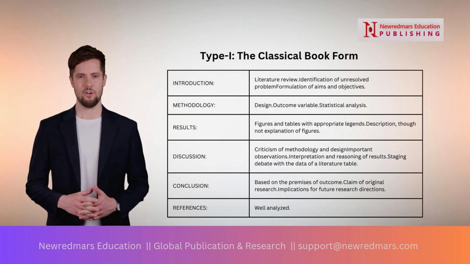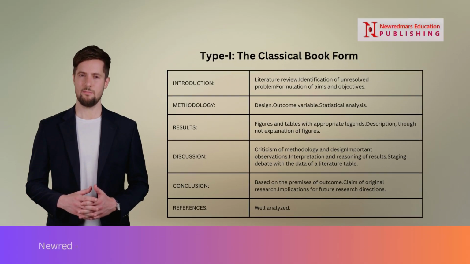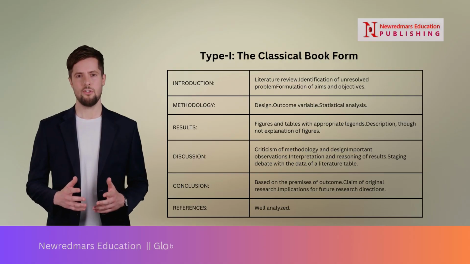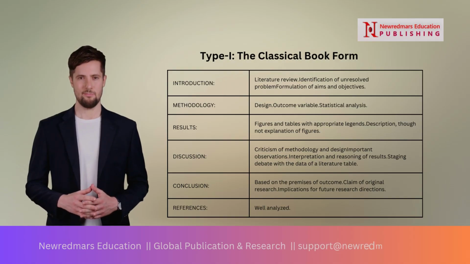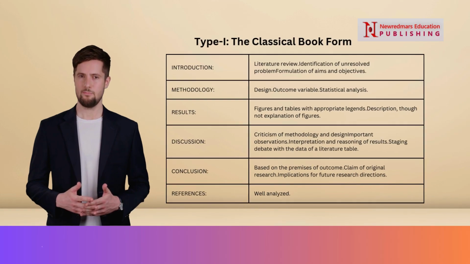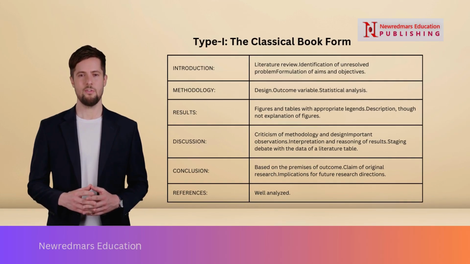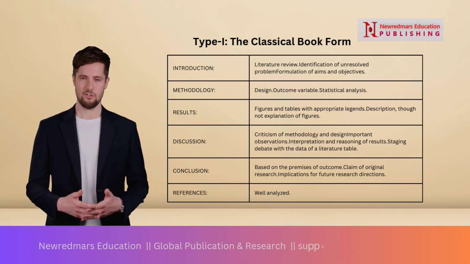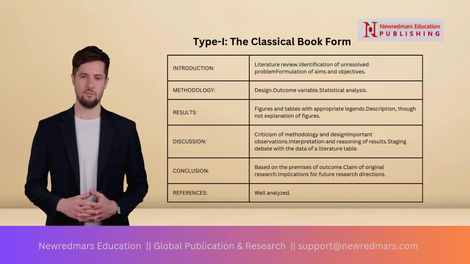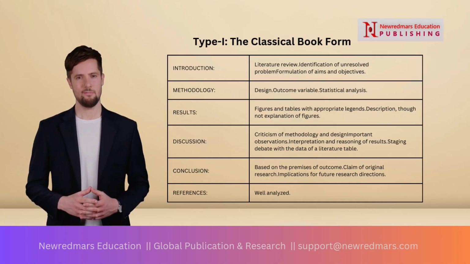Discussion, criticism of methodology and design. Important observations. Interpretation and reasoning of results. Staging debate with the data of a literature table. Conclusion based on the premises of outcome. Claim of original research. Implications for future research directions.